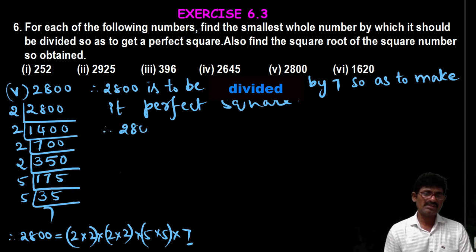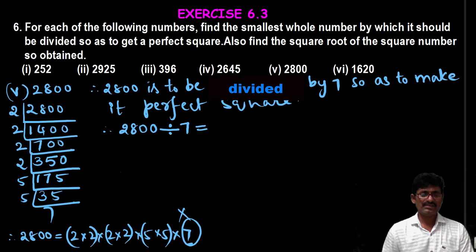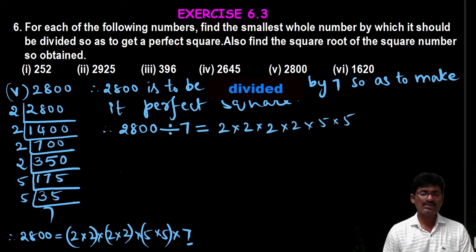So 2800 divided by 7 will be equal to, here in the prime factorization 7 will be cancelled. Why? Because we divide 2800 by 7. So this will be 2 times 2, 2 times 2 times 5 times 5. So let us take pairs.